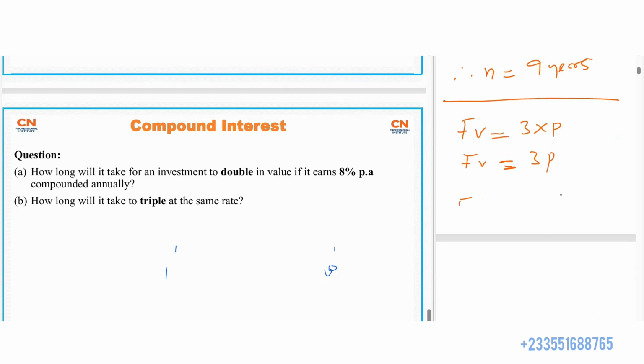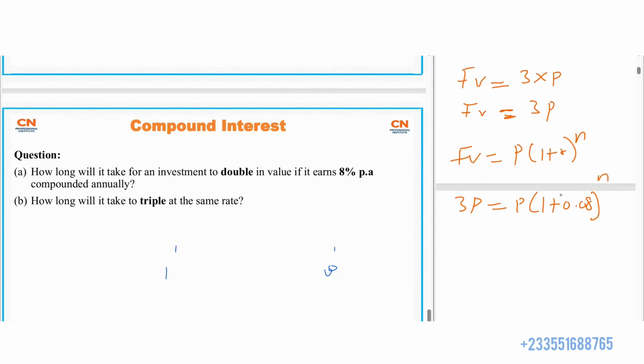Then we set up the formula. Future value is equal to the principal times 1 plus r raised to power n. This is a normal formula. So in place of future value, we substitute 3p. So 3p is equal to p into bracket 1 plus, the rate is still the same, 0.08, raised to power n, which we don't know.